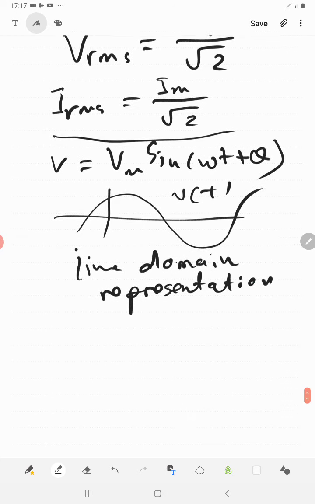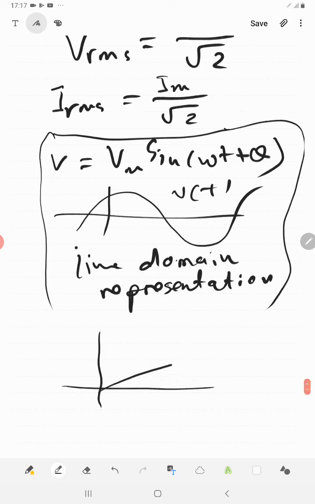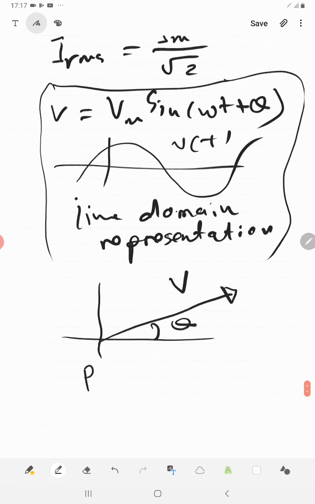We can also represent this in phasor form. In phasor form, we say this is V, with an angle theta. So this is the phasor form.